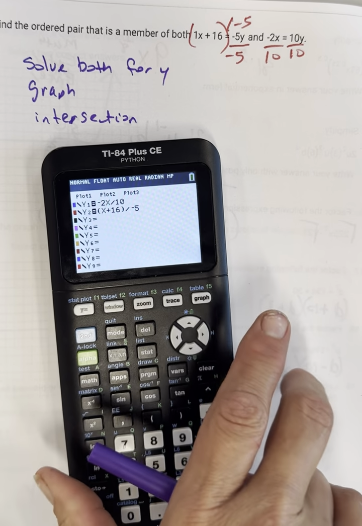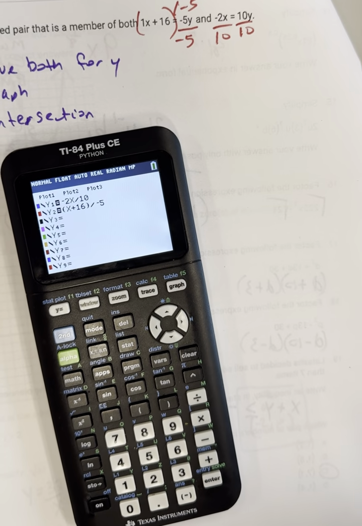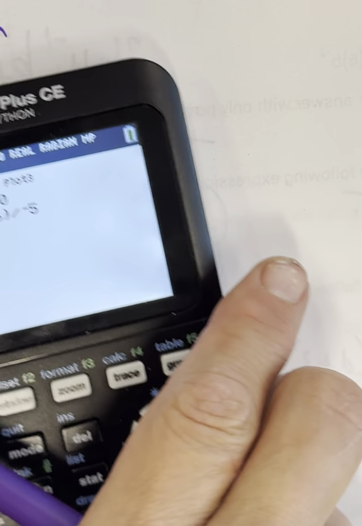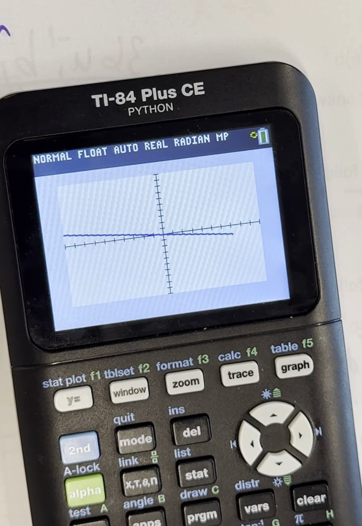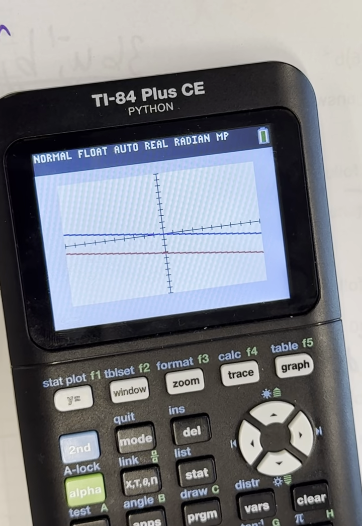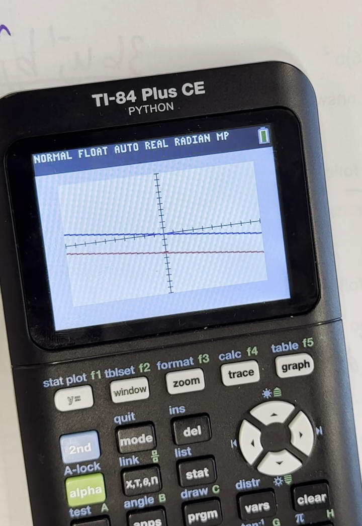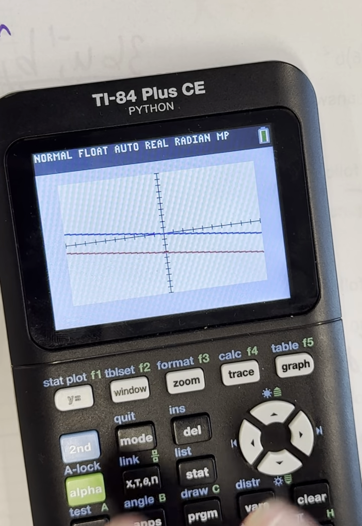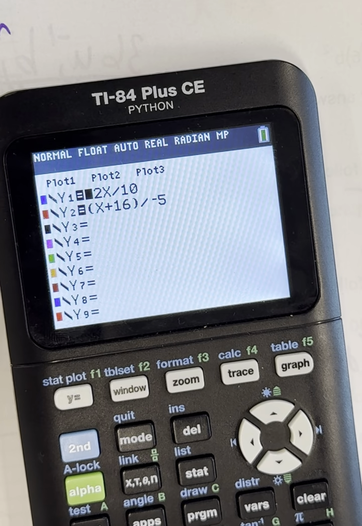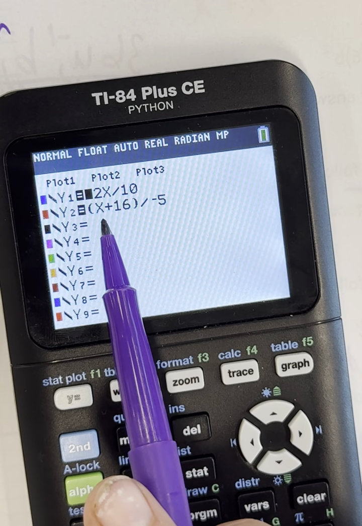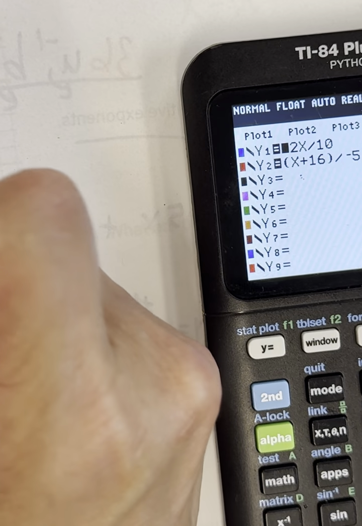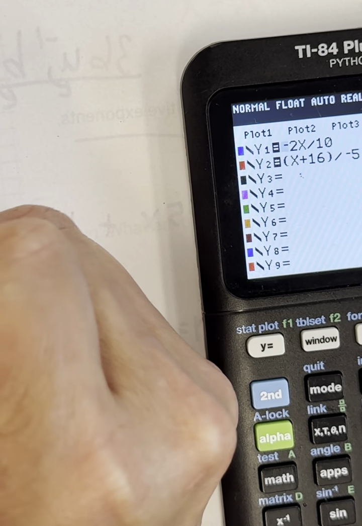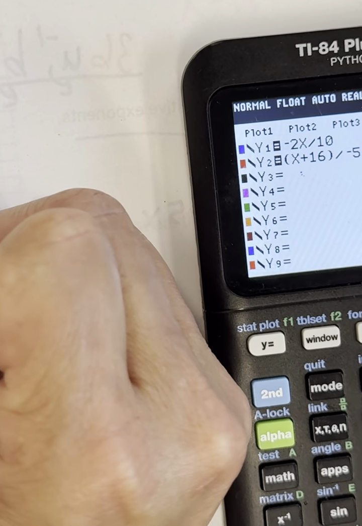Okay, and so we are going to graph. And again, we're looking for the intersection. You need to see the intersection. Oh, and this one, I probably should have reduced. So -2 divided by 10 equals -1/5.